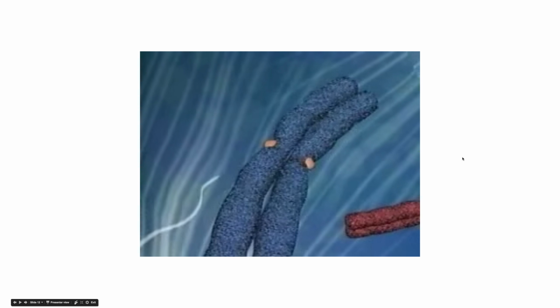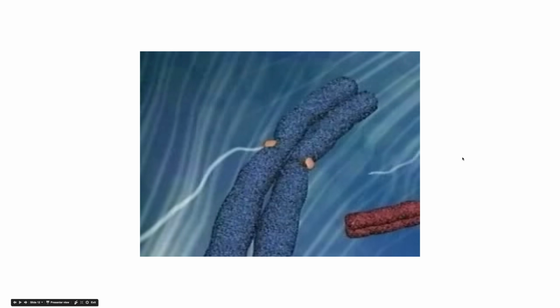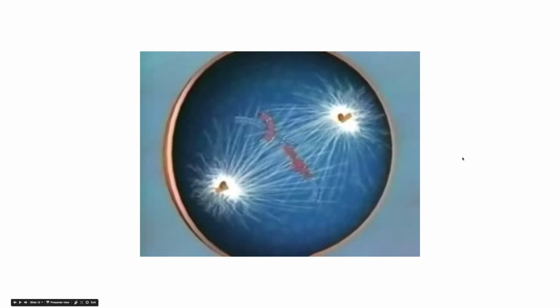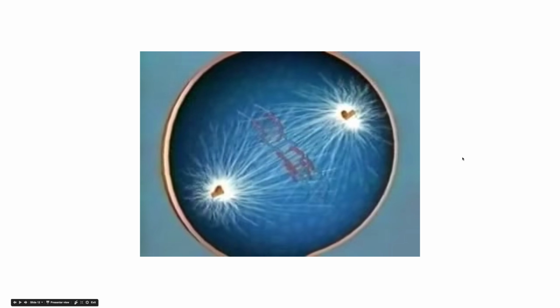A spindle from each centriole attaches itself to each of the chromosomes. Assisted by the protein fibers, the chromosomes move center stage. In a microscopic tug of war, the spindles pull each chromatid toward opposite poles.